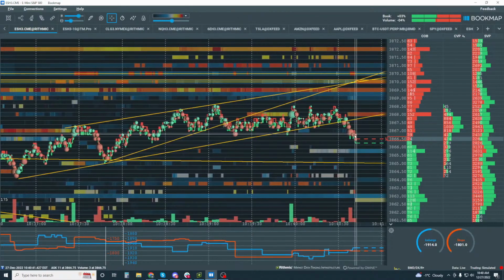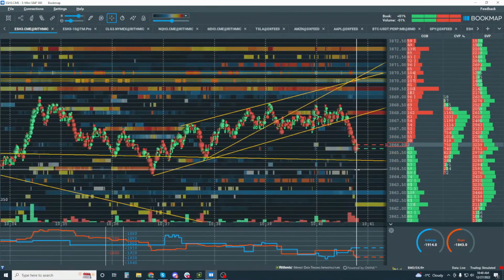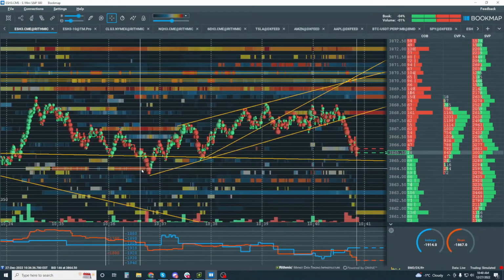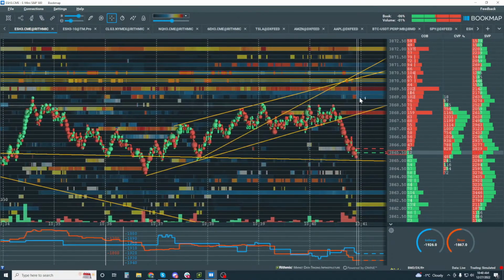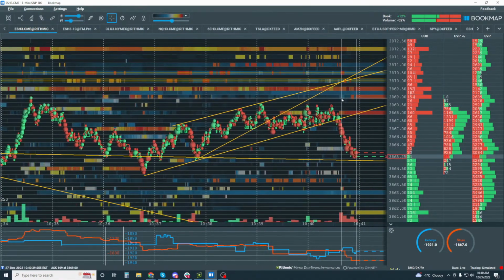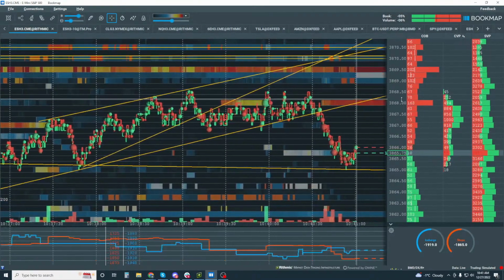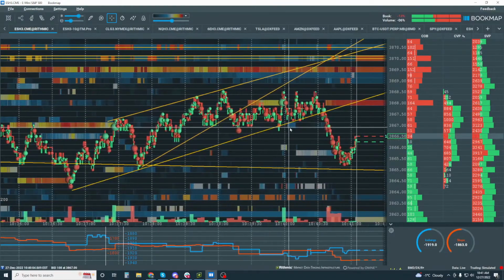These sellers here will likely now take it to the bottom of the range, 65, and this previous area here, 64 and a half. Right, and that's starting to play out nicely. This is kind of range bound activity in here.